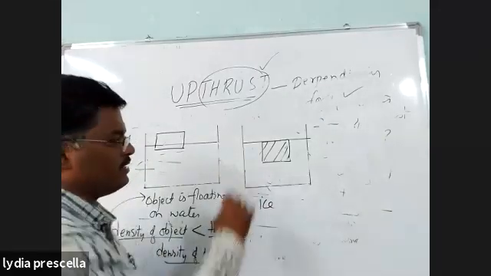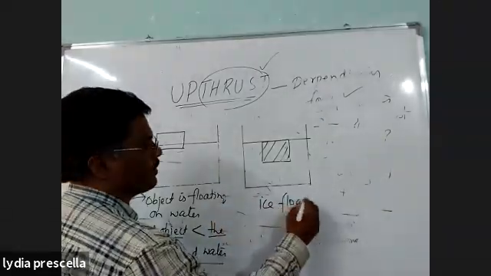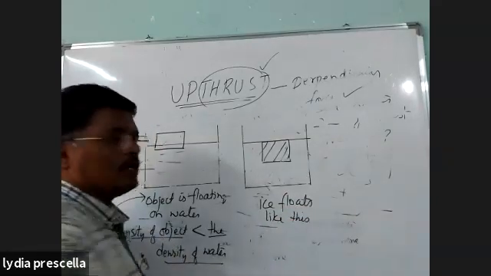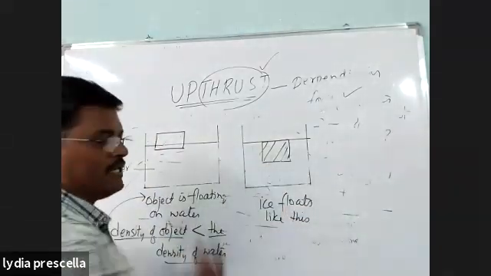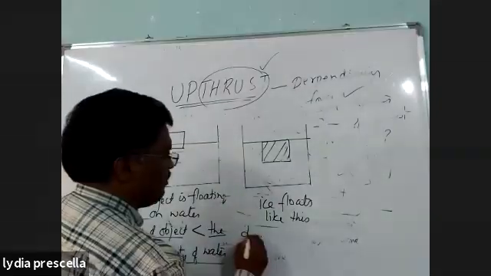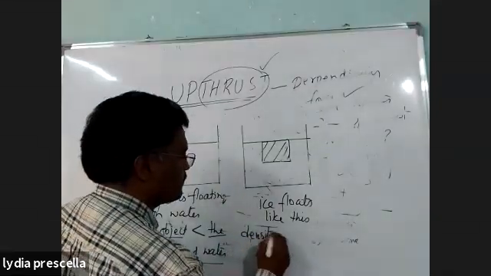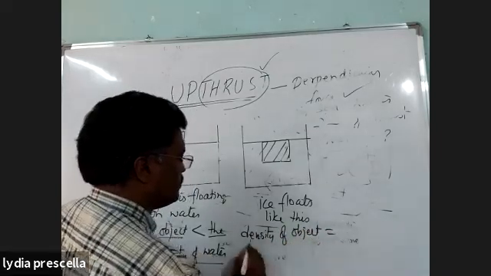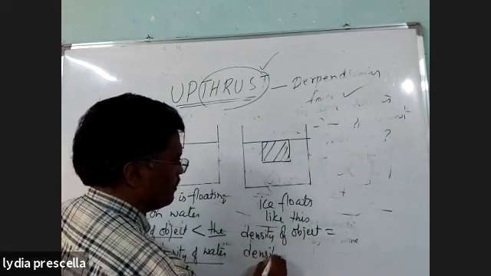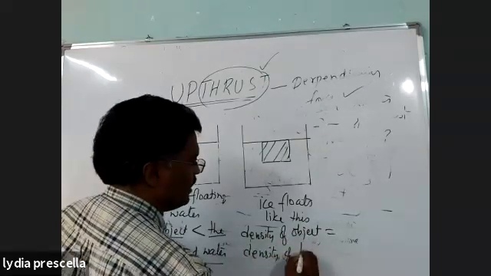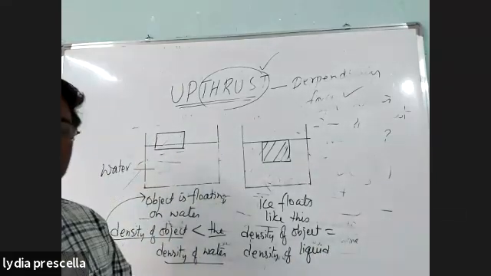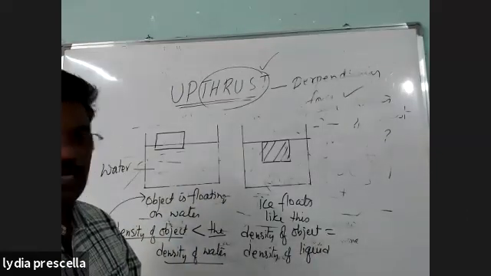Ice floats like this. In what condition does an object float like this? The density of the object is equal to the density of the liquid. Almost equal to. Equal or almost equal.